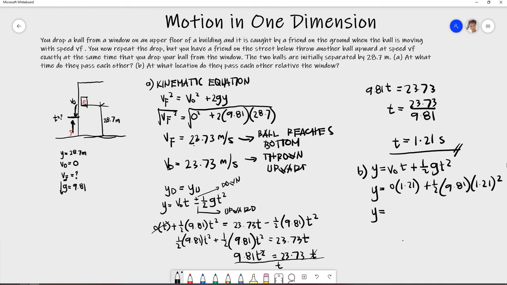The first term is 0, and our height is 7.18 meters. Okay, those are our answers.